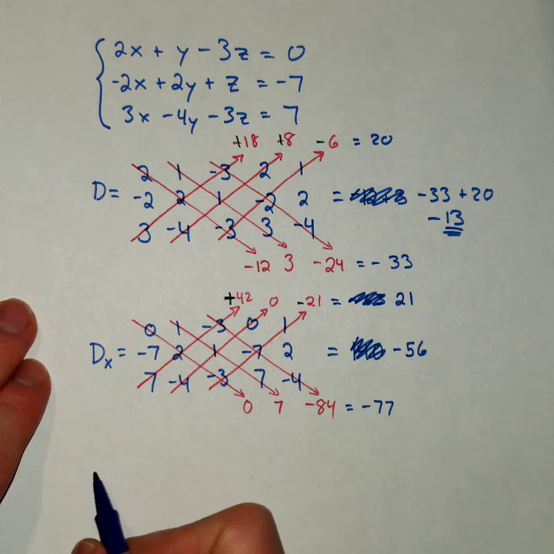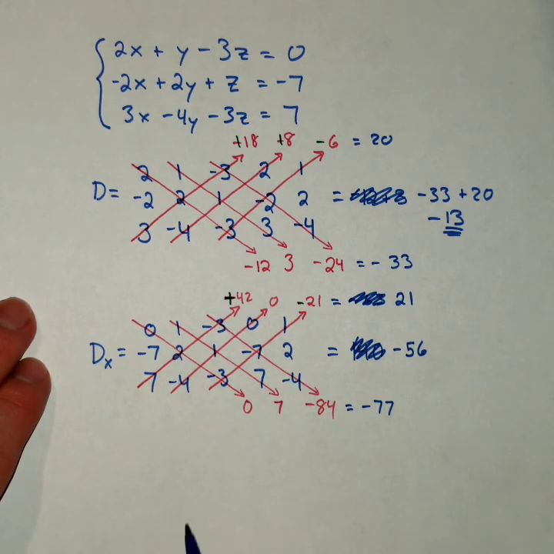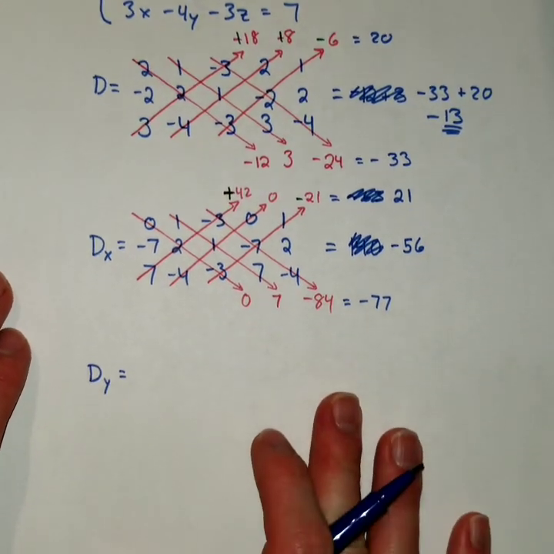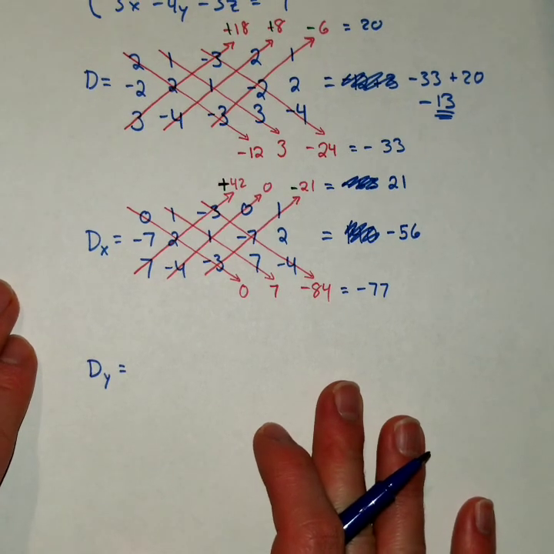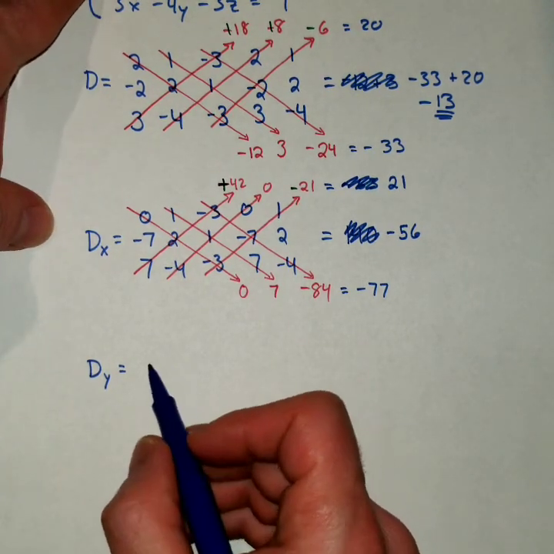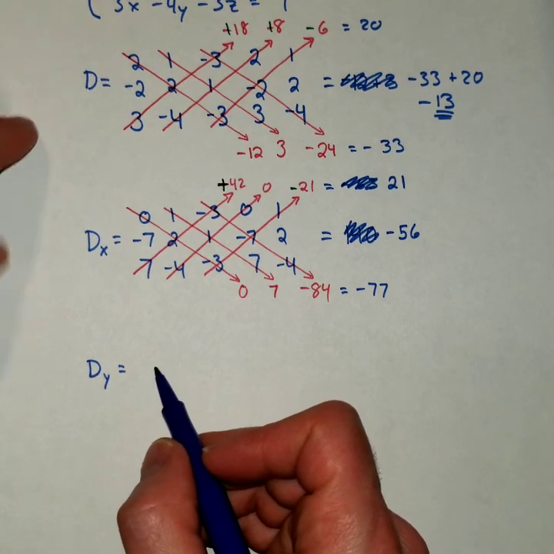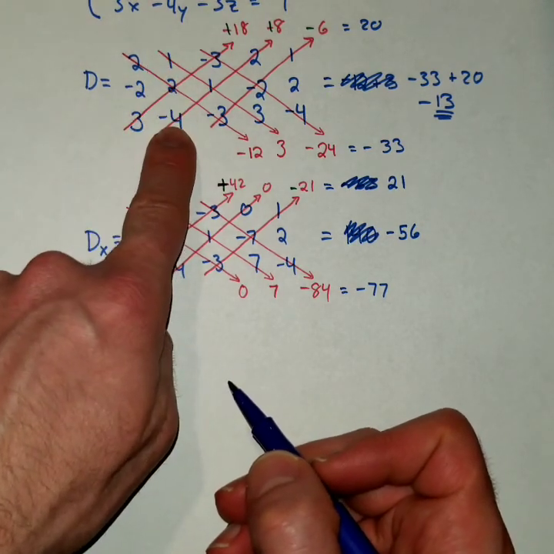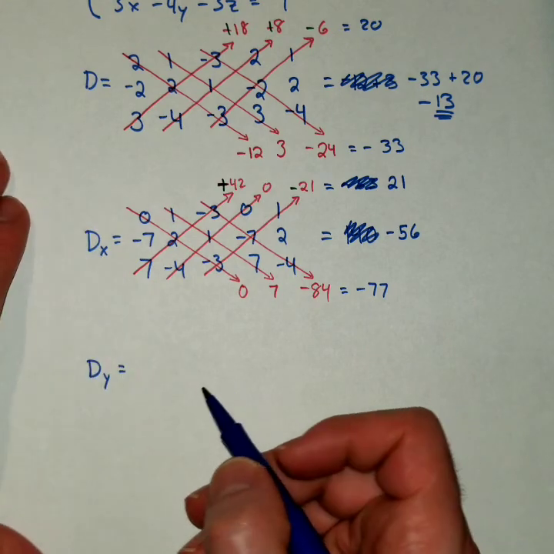Okay, so then we know that d sub x is negative 56. Now d sub y and d sub z. D sub y, again, I'm going to go through this quick and hopefully I won't miss another negative. So d sub y, I replace the y column, which is this column, with the constants 0, negative 7, 7.